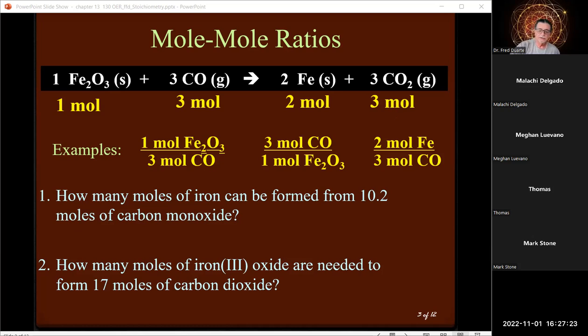Then we take a look at the individual relationships, specifically between the reactants. And we have a ratio here, 1 mole of iron(III) oxide over 3 moles of carbon monoxide, or we can write it by inverting it, okay, where we got 3 carbon monoxide over the iron(III) oxide. And then, of course, we have the other ratios. I'm not just limited to here.